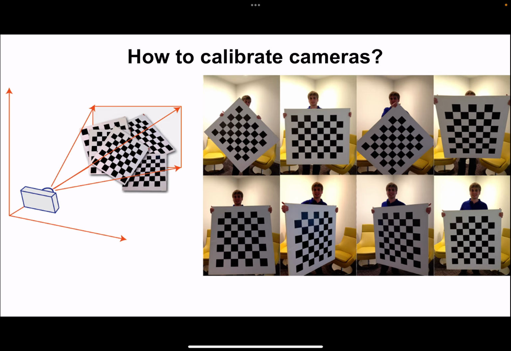I'm not sure you've seen this kind of checkerboard. This is what people typically do for camera calibration. We have a big checkerboard, and people stand in front of the camera and just rotate the checkerboard in front of the camera. Then our automatic camera calibration algorithm gives us the intrinsic and extrinsic parameters.